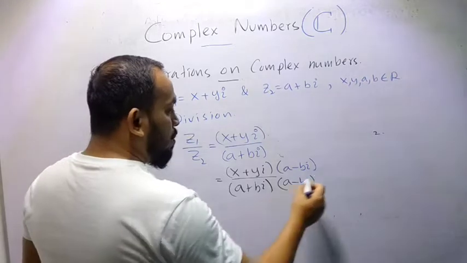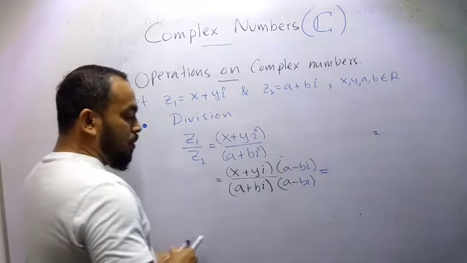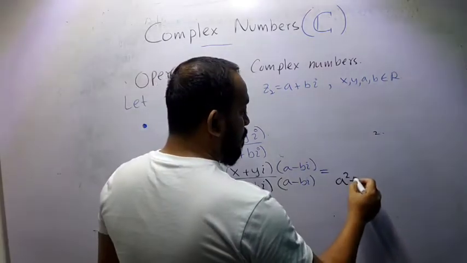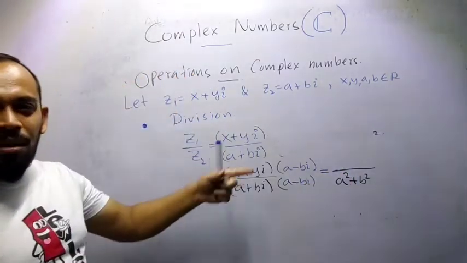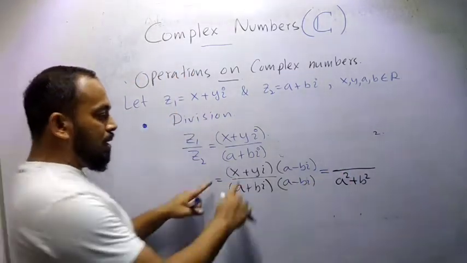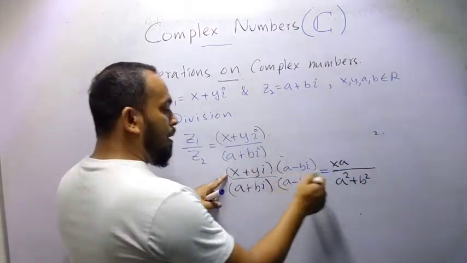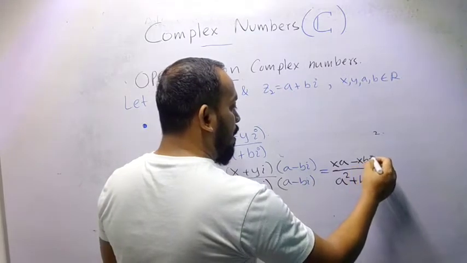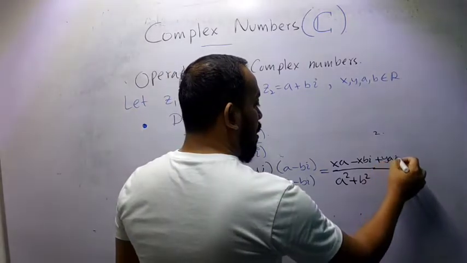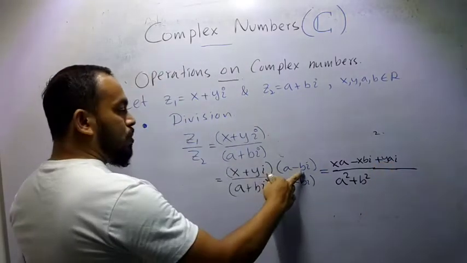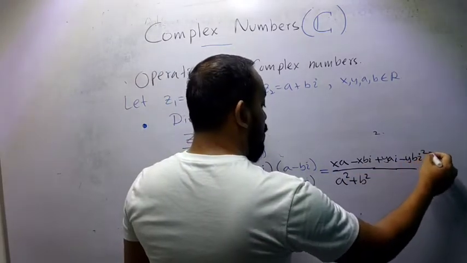Now what do you get? Here, when you multiply these two, your answer would be a squared plus b squared. You learned this a minute ago. In the numerator, x into a is xa, x into minus bi is minus xbi, then plus yai, then minus ybi squared.